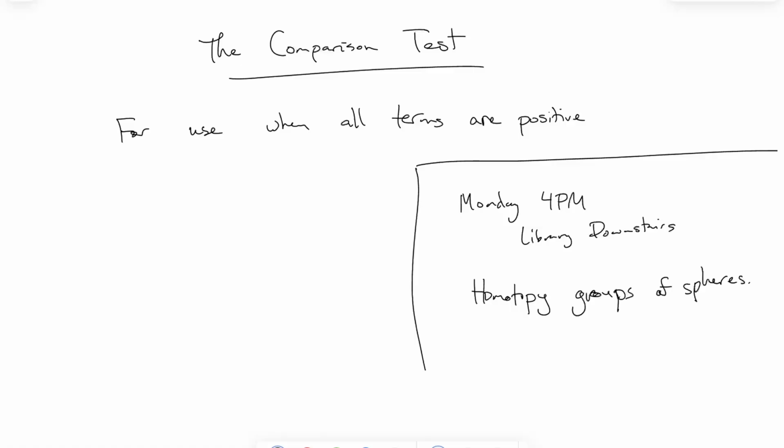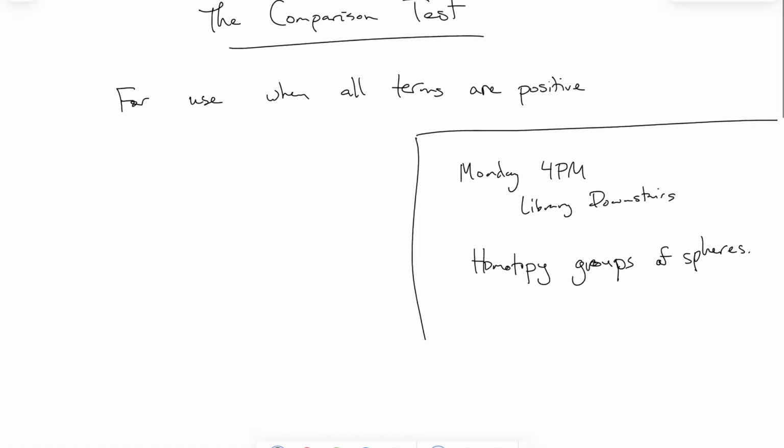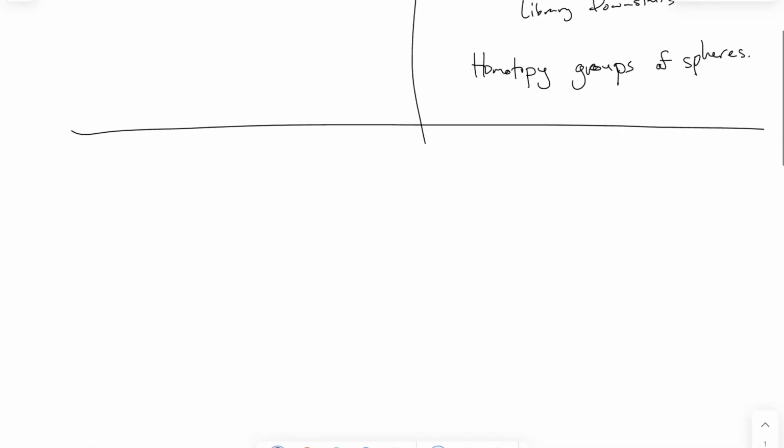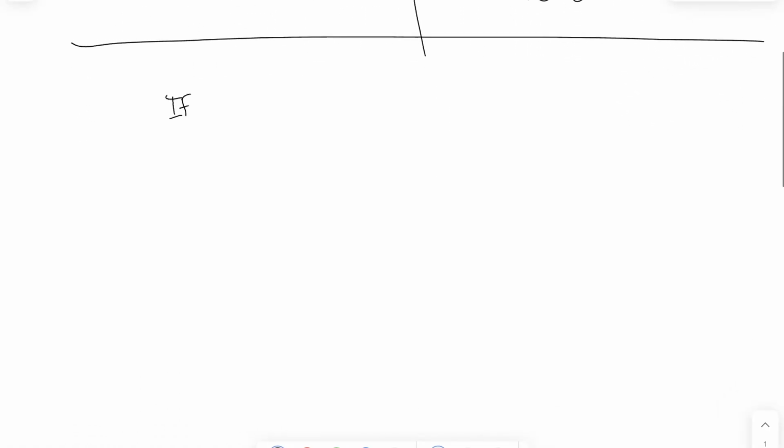Okay, anyway, let's talk about the comparison test. This is used when all terms are positive, but the idea is you compare a bigger series to a smaller one. So if, let's say, a_n is always greater or equal to b_n, then there were two parts.